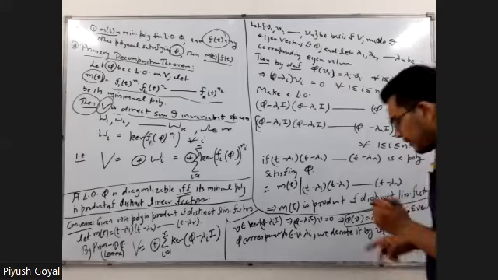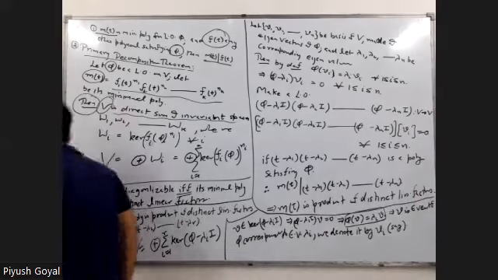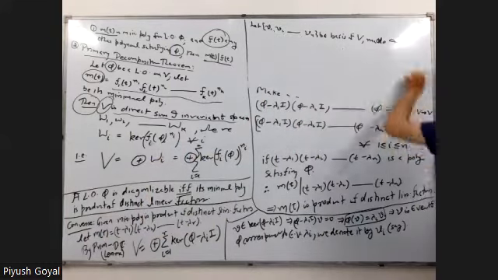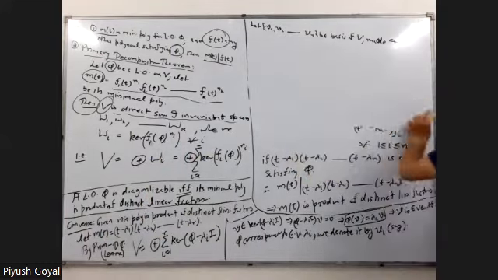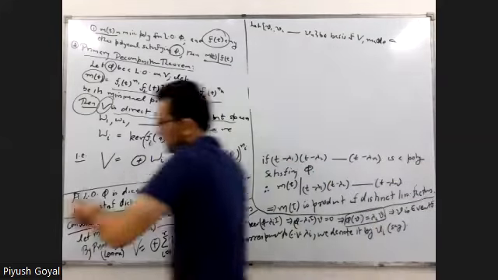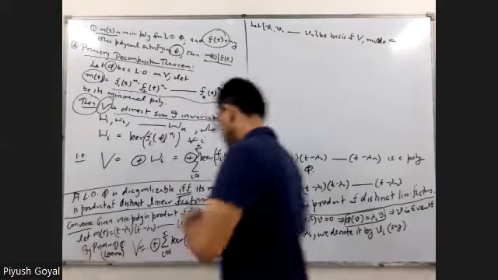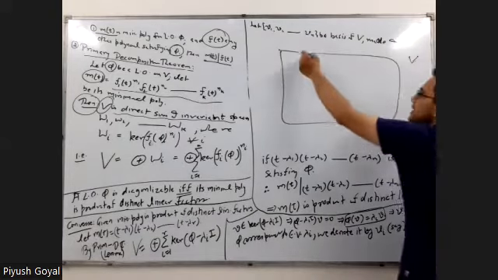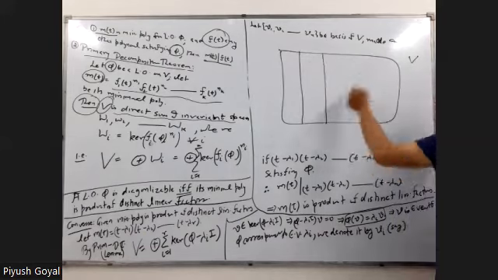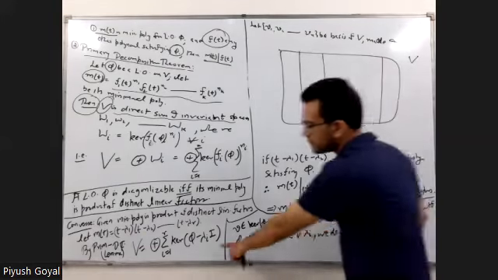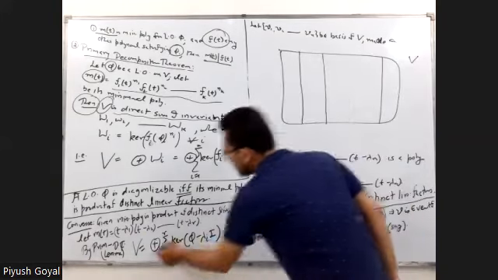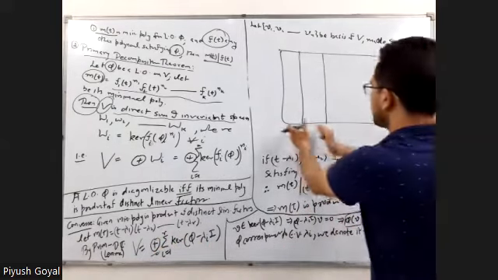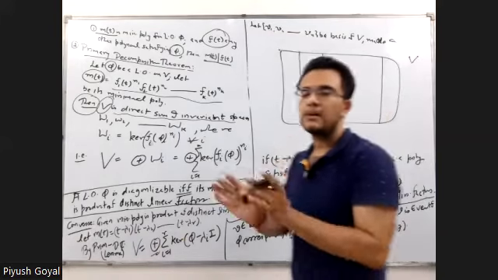Okay, now I will make a diagram for you so that there is some clarity of concept. So this is your vector space. This vector space is made of k components. What is the meaning of direct sum? Direct sum means this vector space is the sum of these components, and these components do not have anything in common except 0.